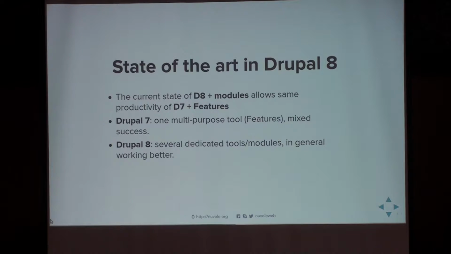In Drupal 7 we have Features, and it's this multi-purpose tool that some people are not very happy with. In Drupal 8 there are several tools and modules, and in general they're more focused on a single task, on what they want to do. So Features in Drupal 8 doesn't want to do everything. It wants to do its specific use case.